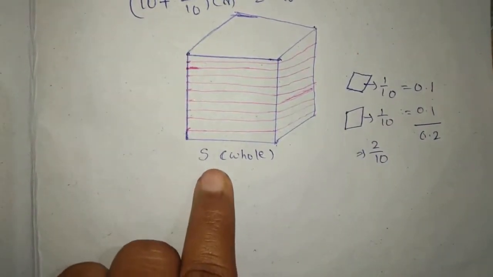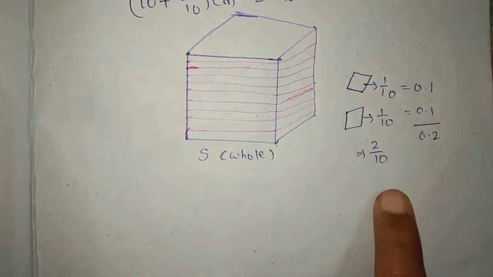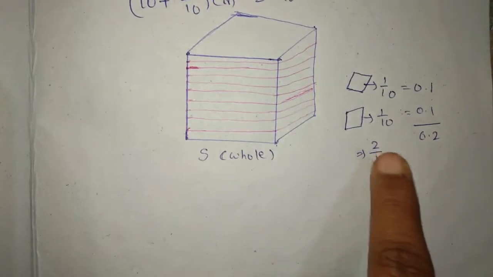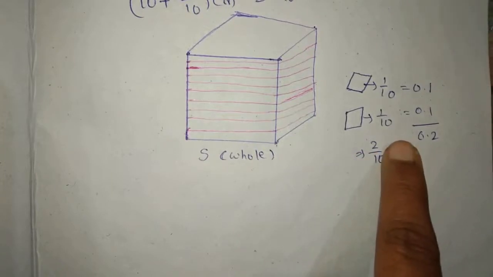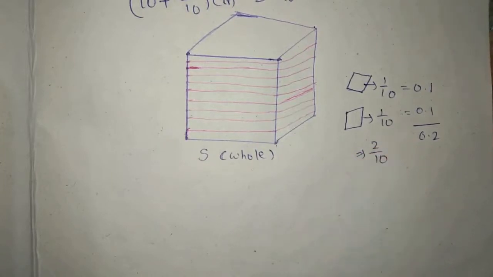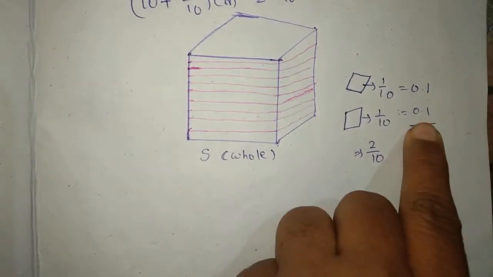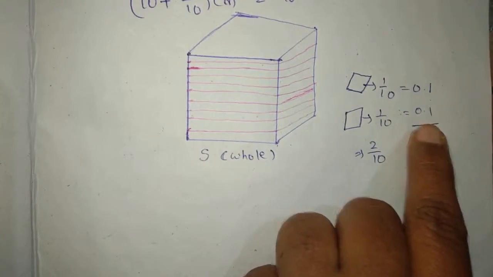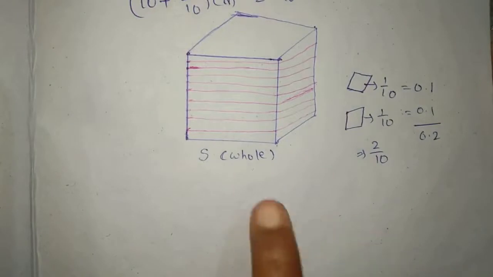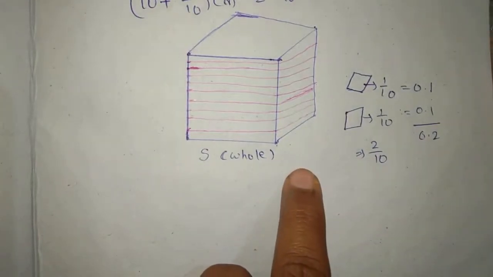Now, here the decimal point lies between the whole part and the tenths part. In 0.1, 1 is in the tenths place, 0 is in the ones place.